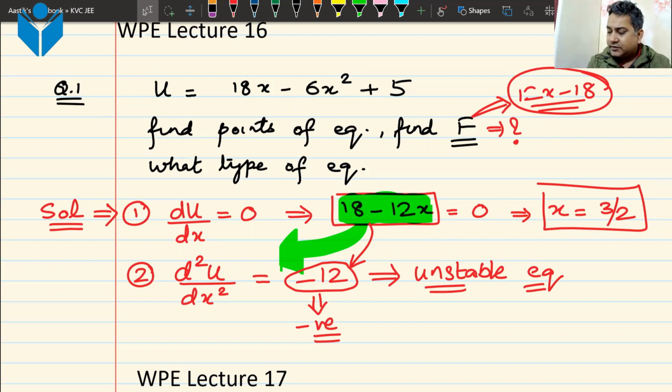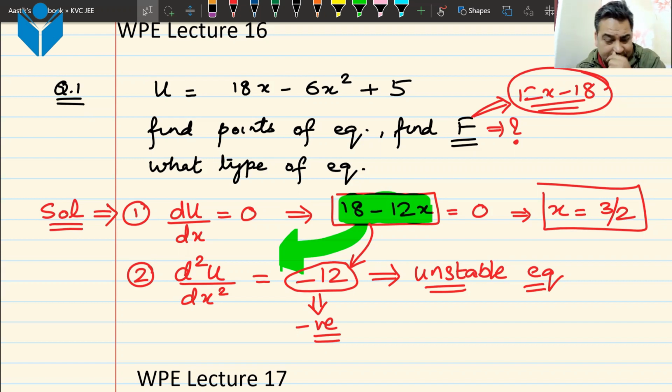In the previous class, as you can see on the screen right now, we only had one point of equilibrium. And if we have one point of equilibrium, it could be either stable or unstable. Now, that is not the only case that is possible.